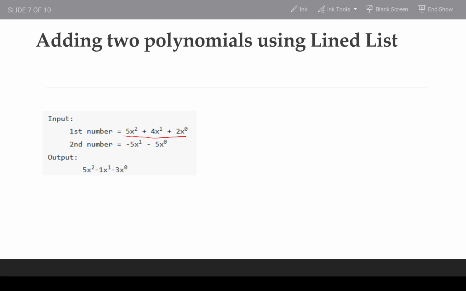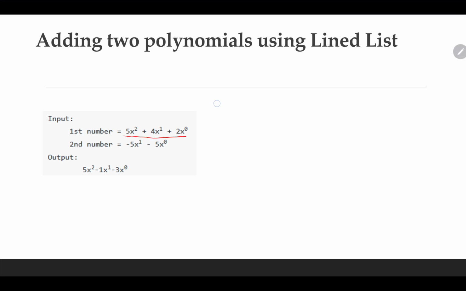For each equation we have to create a different list. Then after adding these we will get the resultant list. First we will create list 1. So this is list 1.